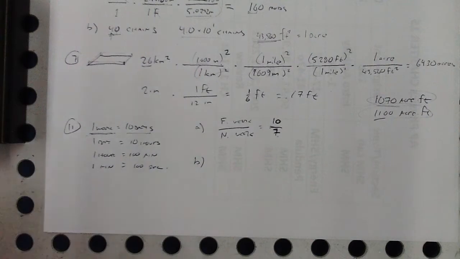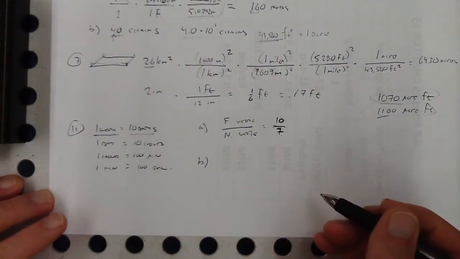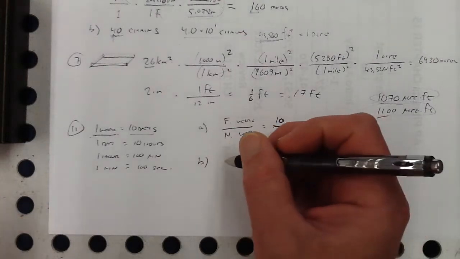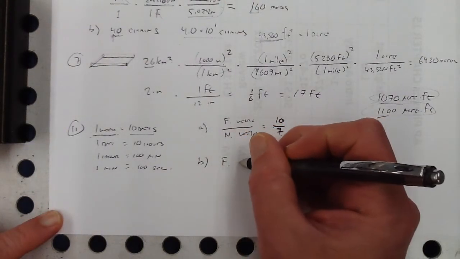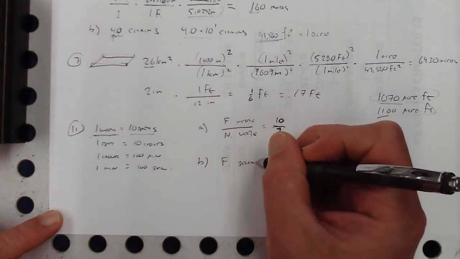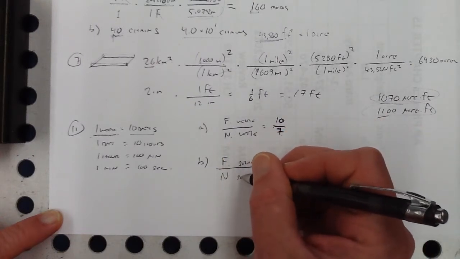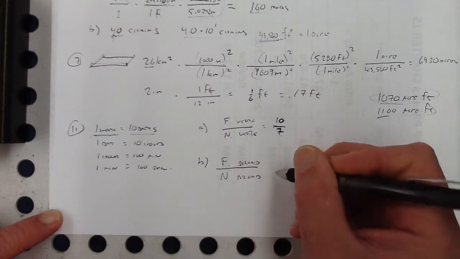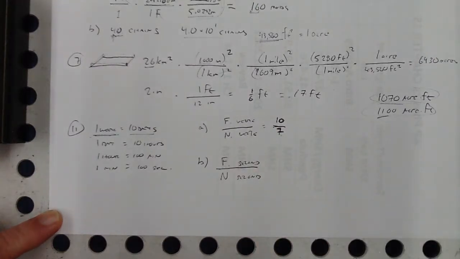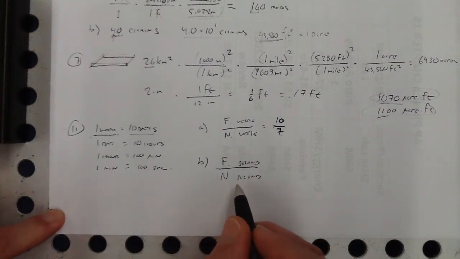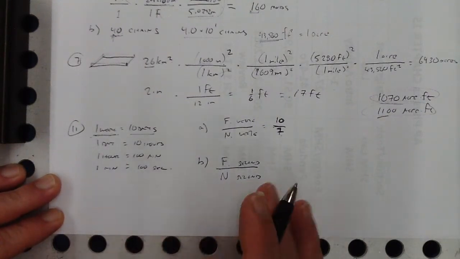So let's see. How many seconds are there? We want to know a French second to a normal second. We would like that ratio. So how many normal seconds are there in a day?